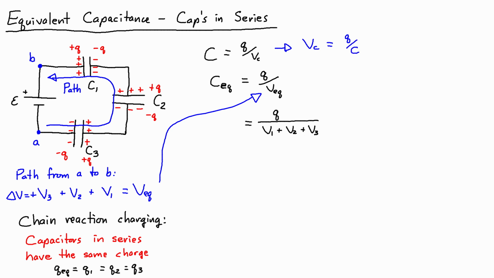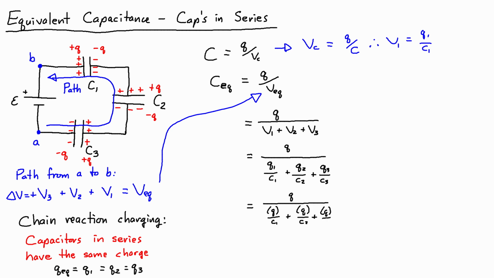So this means that V1 is equal to Q1 over C1, and V2 is Q2 over C2, etc. But because these capacitors are in series and Q1, Q2, and Q3 are all the same thing, they're all equal to Q, I can just substitute that in too.